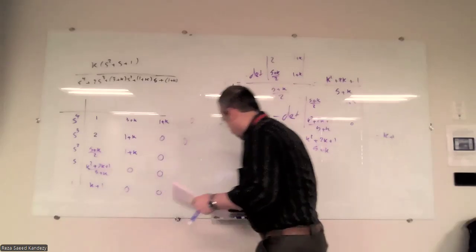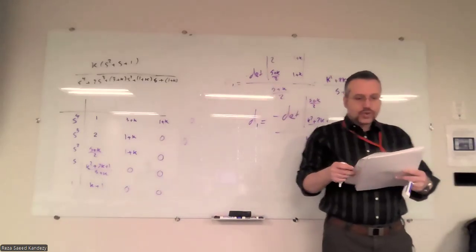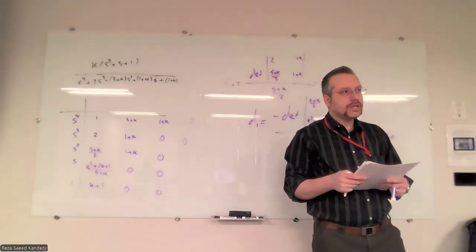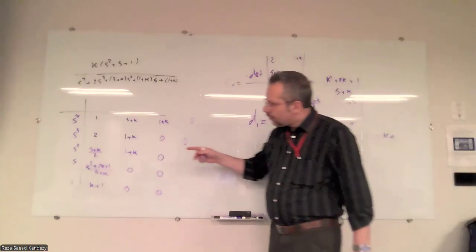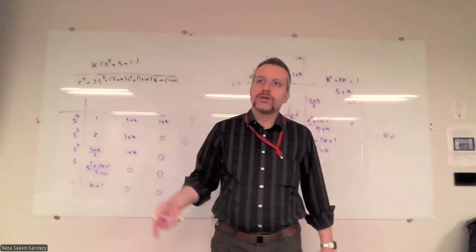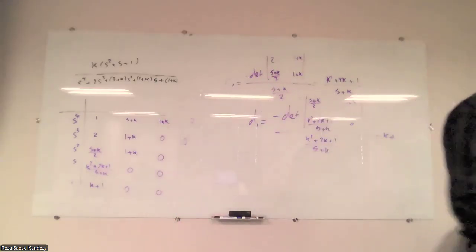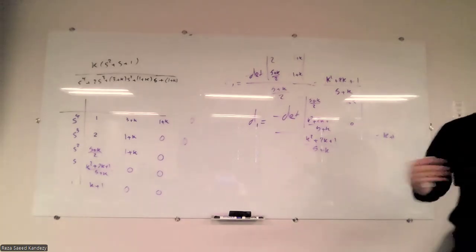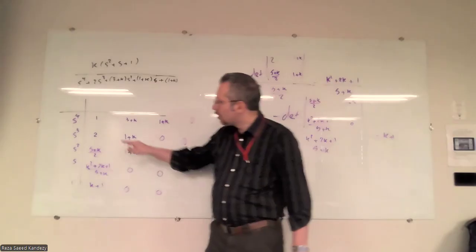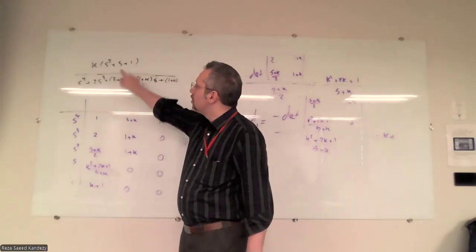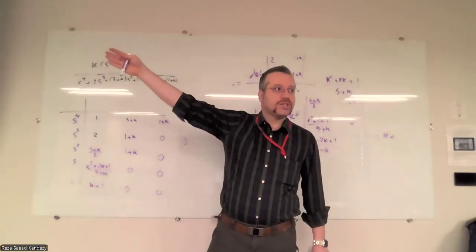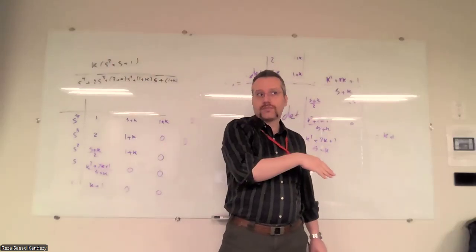Now, the situation that we had for analysis of stability was if the first column of our table would change polarity, okay, from positive to negative or negative to positive, then our system is unstable. Now, let's do that. And remember, K is always a positive number because it starts from 0 and goes to plus infinity. We don't have minus K, okay?